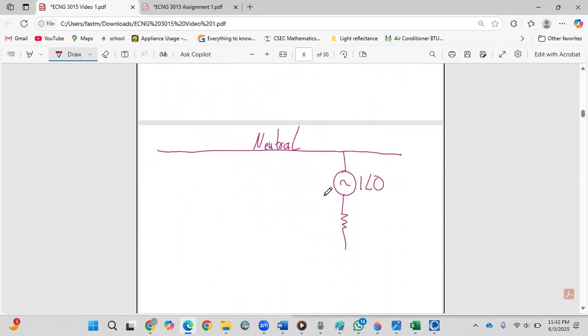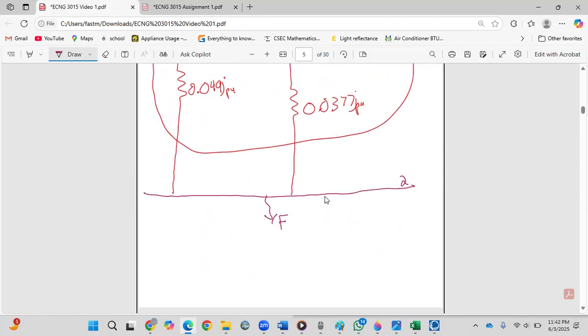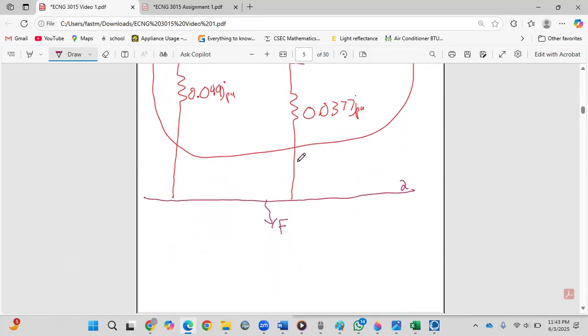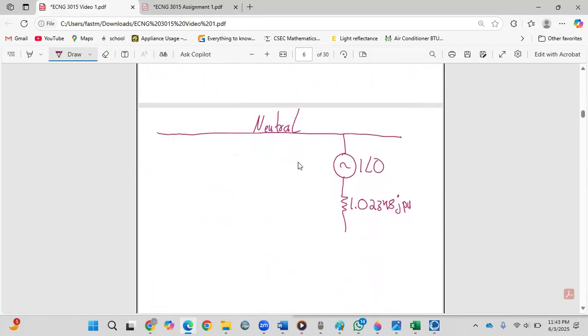So you'll end up with 1.02348, and that ends at bus 4. So the whole thing there will give you the impedance ending at bus 4.